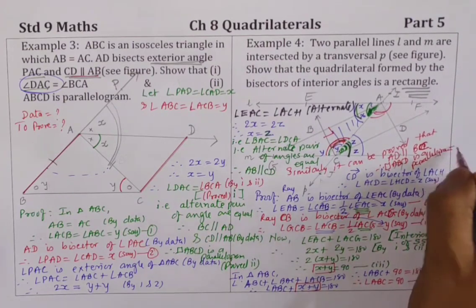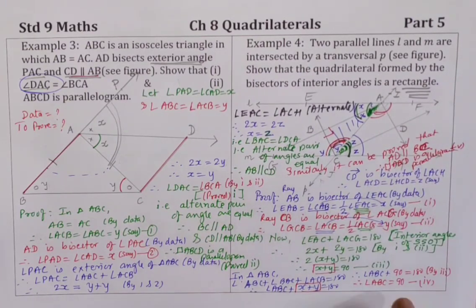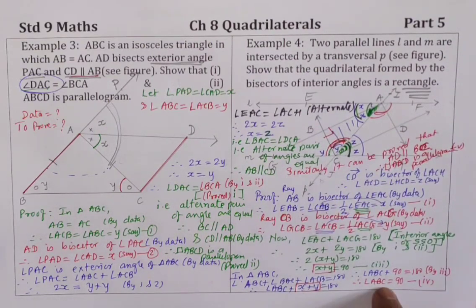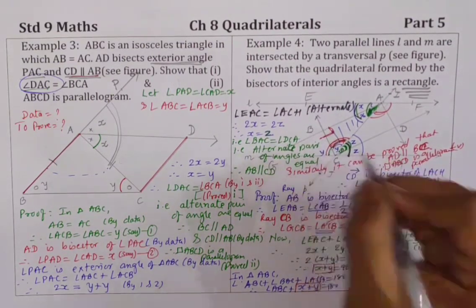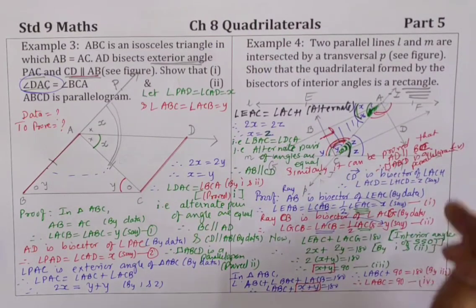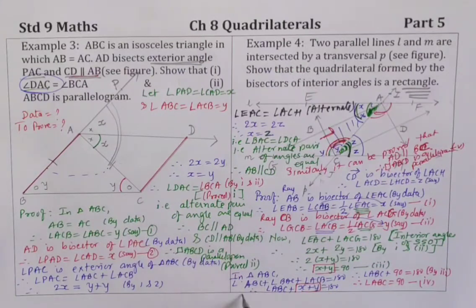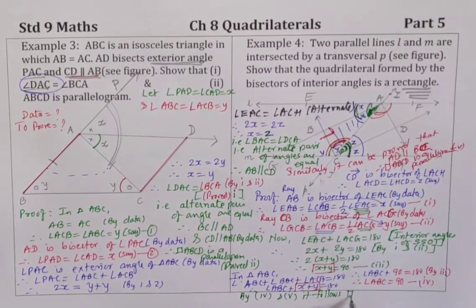Okay, ये fourth है, इसको fifth result बोलो. Now, this quadrilateral ABCD is a parallelogram and one of its angle is 90. So by 4 and 5 it follows that quadrilateral ABCD is a rectangle.